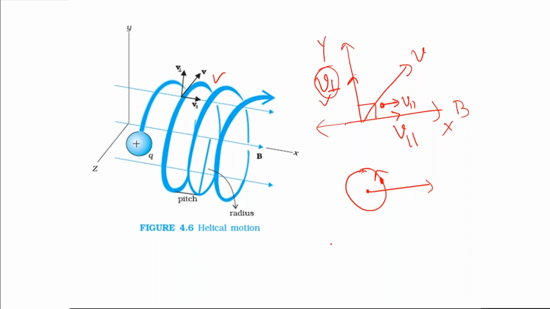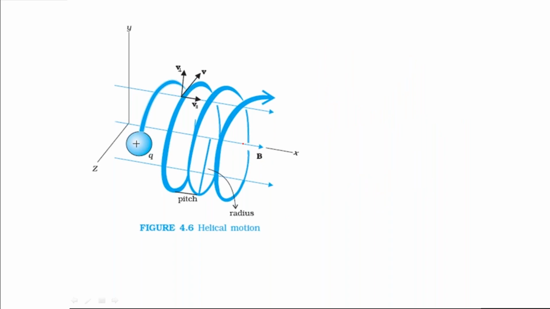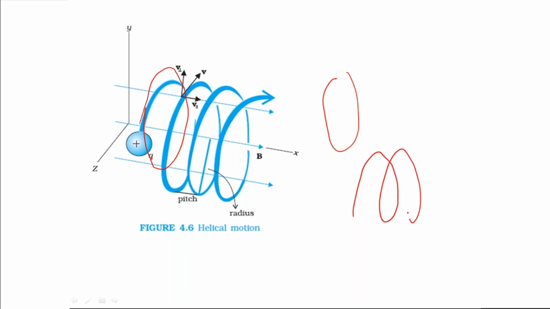That means the charged particle will move along the direction of the magnetic field, but not in a straight path, with a helical path. Look here, due to v perpendicular it will try to make a circular path here, but before it completes the circle, v parallel will push it towards the right. That's why instead of completing a circle, it will go like this, like a helix.